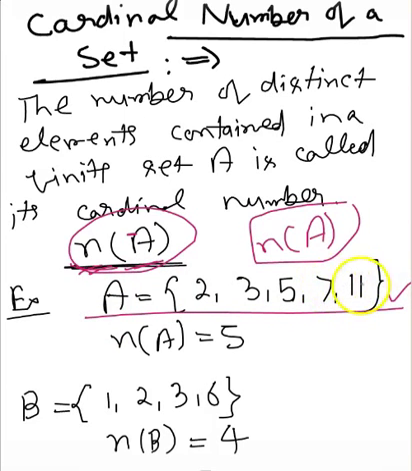How many elements are present in this set? 1, 2, 3, 4 and 5. So the cardinal number of this set would be 5. Correct? Similarly, suppose we have a set B as 1, 2, 3 and 6. How many elements are present in this set? 1, 2, 3 and 4. So the cardinal number of this set would be 4.